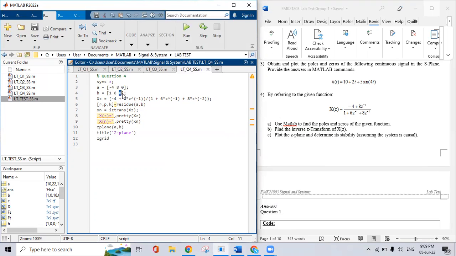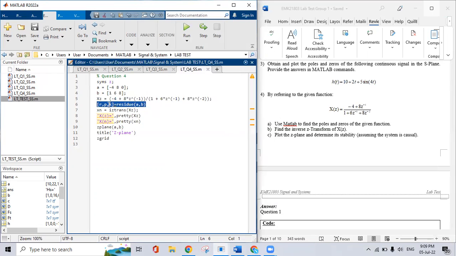We store it in vector form. We have to declare the functions in this form instead of in this form. Okay, so after that, we get the partial fractions.